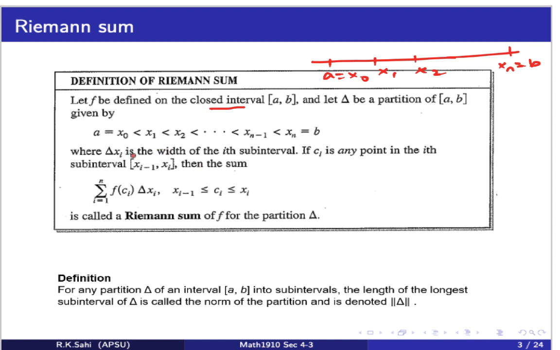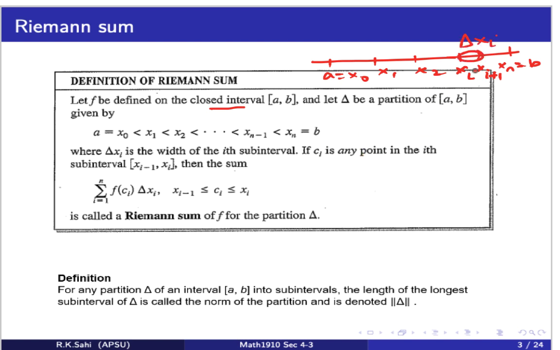Now here delta xi is the width of the ith subinterval. So suppose there's an xi here and an xi plus 1. So this is delta xi, say.